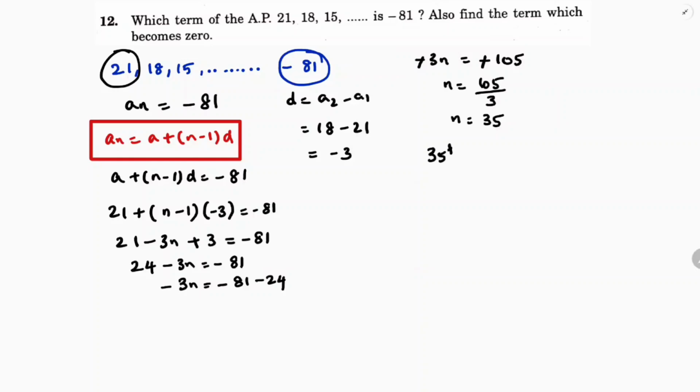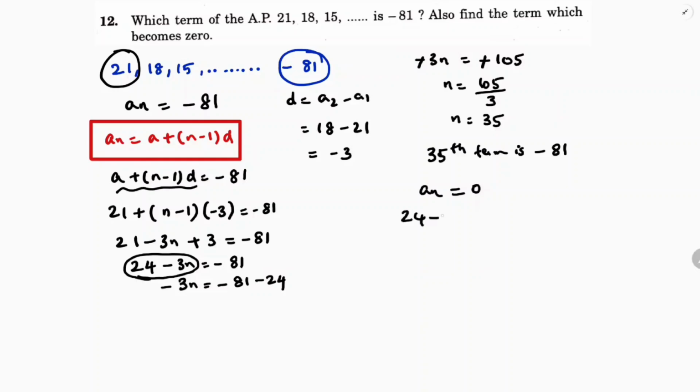So the 35th term is minus 81. They are also asking which term becomes 0. Which term is 0 means the same process again. Here I'll write directly, 24 minus 3n, because again the same thing you need to simplify.